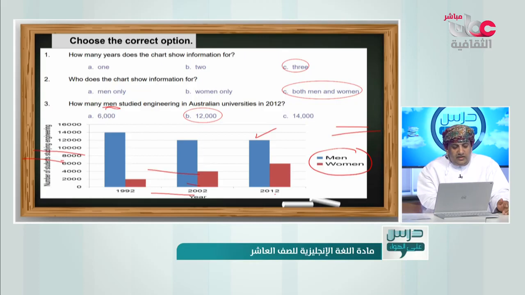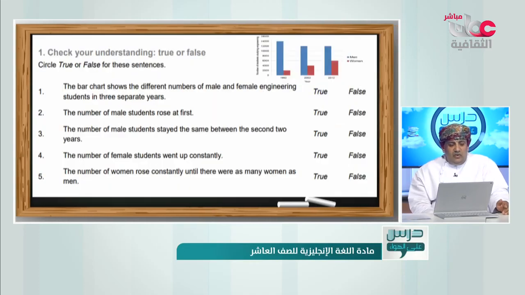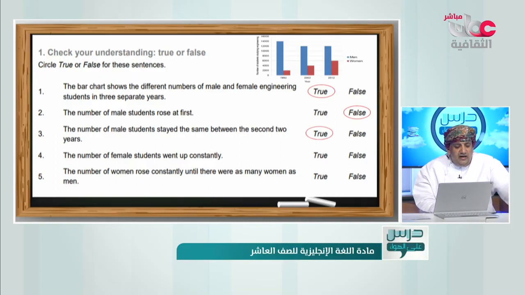So now let's read some sentences and circle if it's true or false. The bar chart shows the difference in number of male and female engineering students in 3 separate years. Yes, it's true. The number of male students rose at first. No. And the number of male students stayed the same between the 2nd and 3rd years.